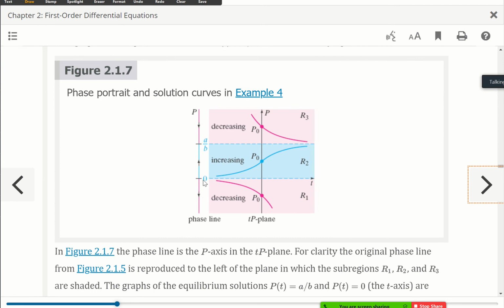So remember, here was our phase plane. It was decreasing in region 1, which means if you look at what's going to happen as time approaches negative infinity, the curve will go backwards. It's going to rise up, but again, it can't cross that equilibrium solution. So as t approaches negative infinity, that solution curve is going to approach the equilibrium solution 0.